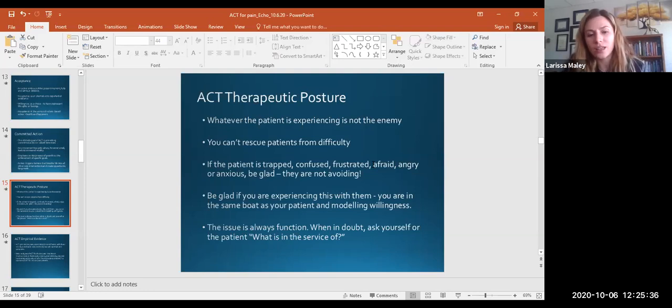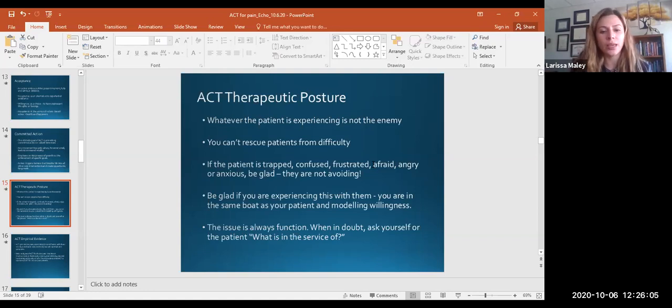One of the key things that you'll hear when an ACT therapist is working is you're not so much looking at the content of what's being described. You're more focused on its function. So you can break down almost any behavior or almost any thought, rather than in traditional CBT, we would label it as like effective or ineffective, or rational versus irrational.